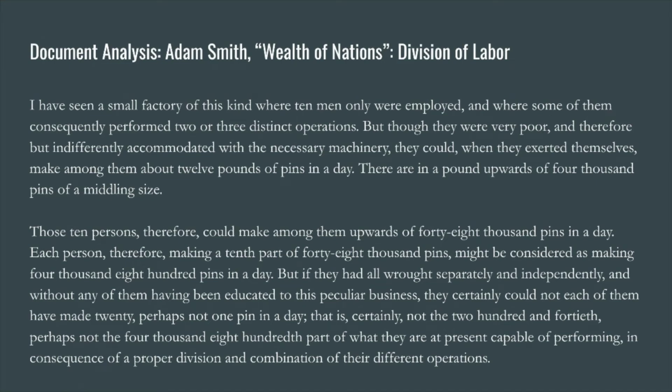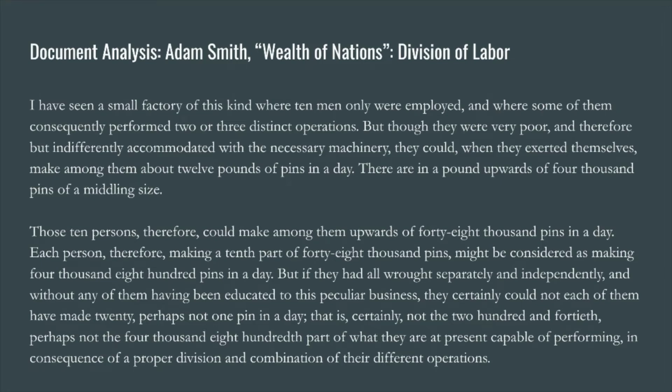There are in a pound upwards of 4,000 pins of a middling size. Those 10 persons, therefore, could make among them upwards of 48,000 pins in a day. Each person, therefore, making a 10th part of 48,000 pins, might be considered as making 4,800 pins in a day.